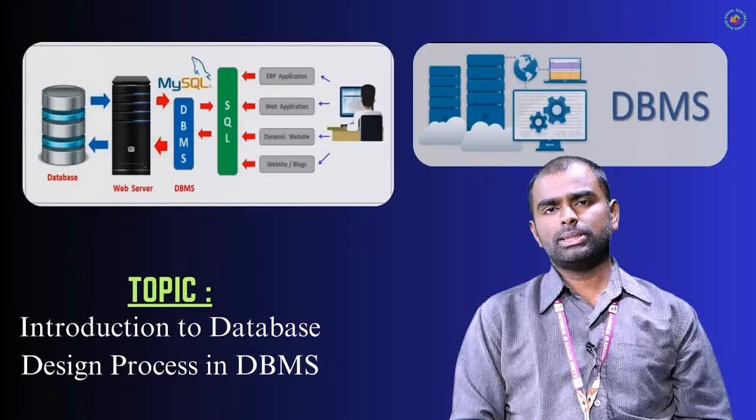Schema refinement is the fourth phase in the database design process. Database design steps, it is the fourth step. The database you got is a collection of tables. It consists of a number of tables, all related to each other. That is good. Next, schema refinement means the tables are having problems.